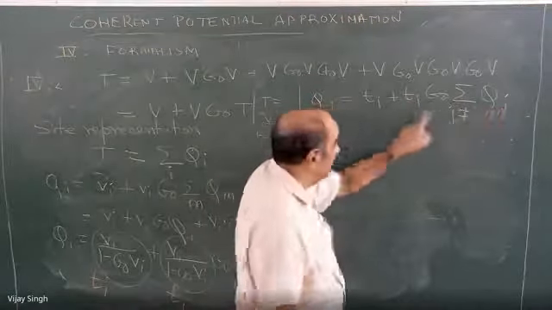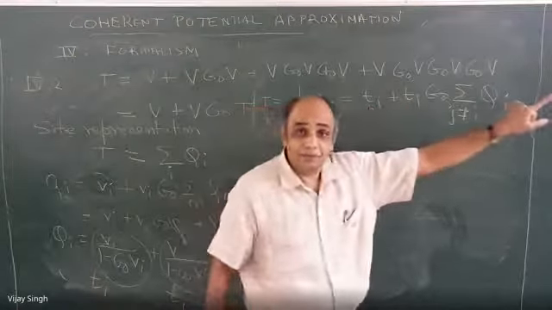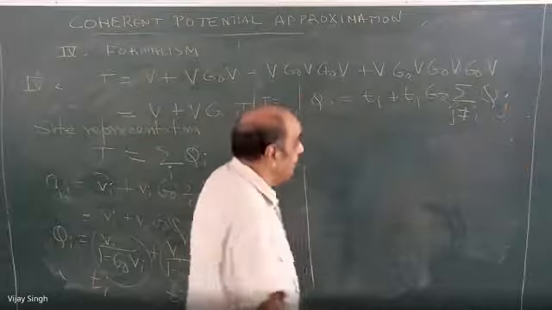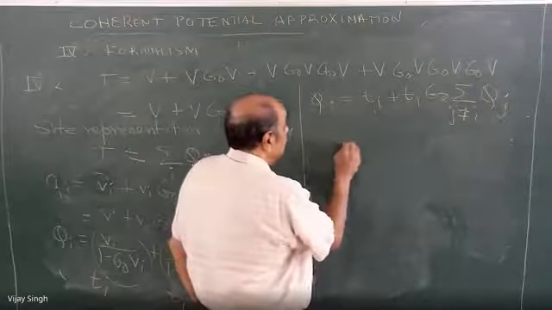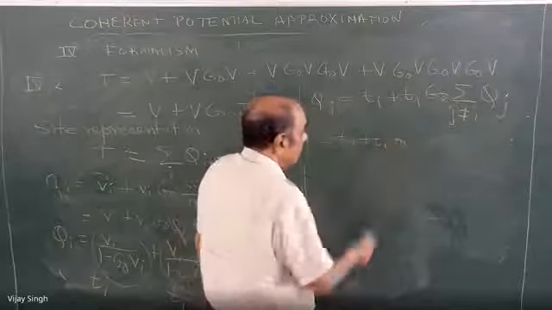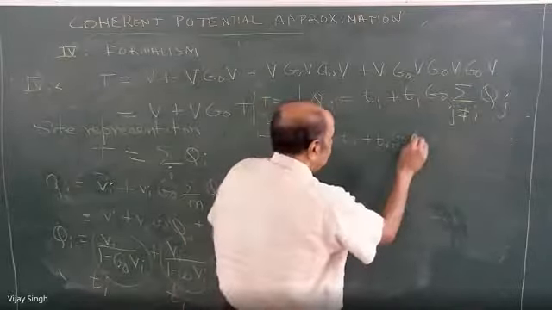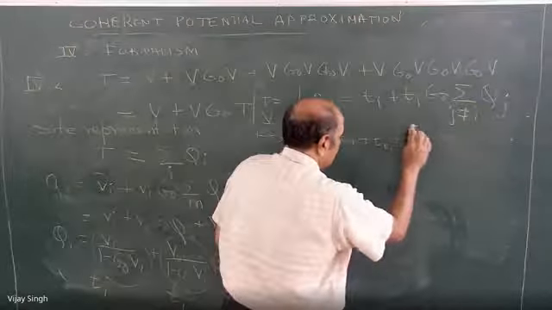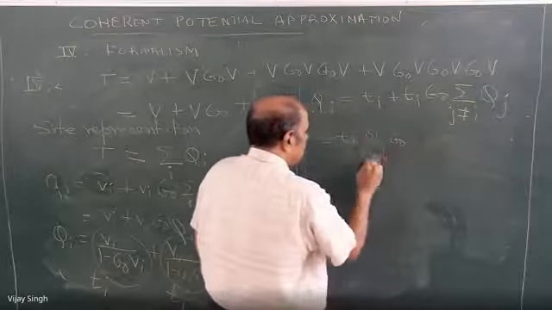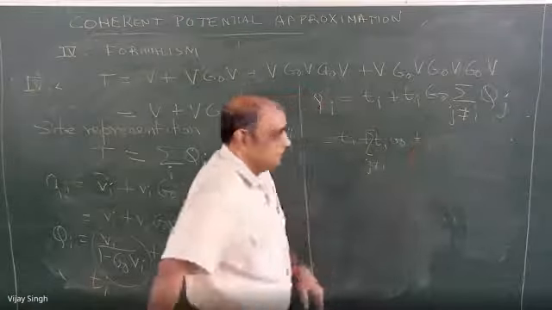So instead of Q_j, I'll write T_j, and then I'll continue in that fashion. So I'll write a single site expansion for this. So this is P_i plus P_i G0, and then instead of Q_j, I'll put something like T_j. Sum over j not equal to i, T_j.